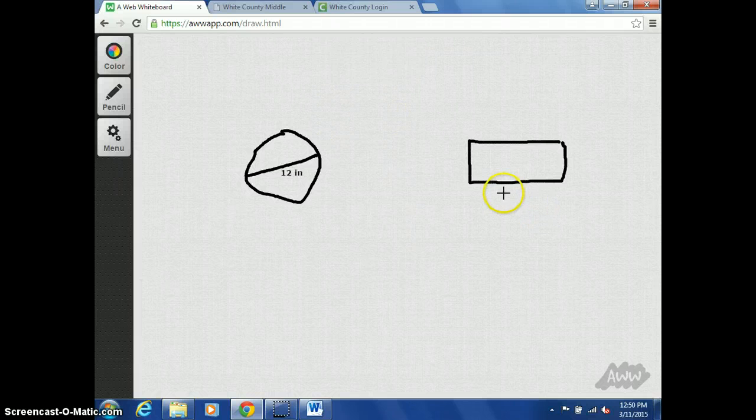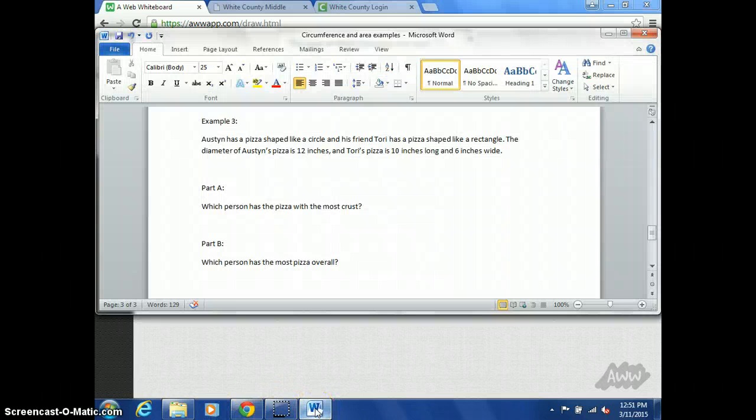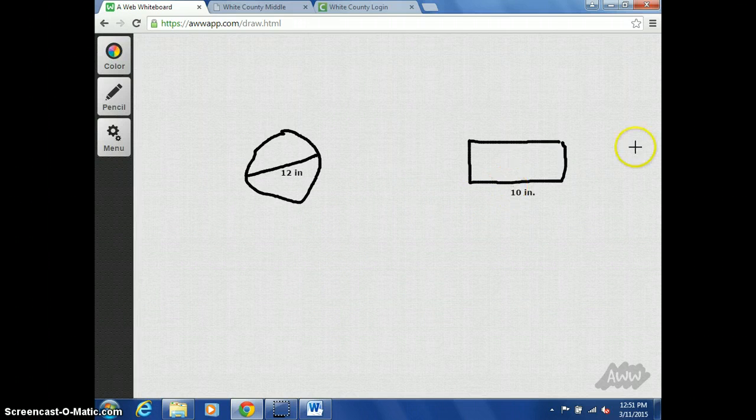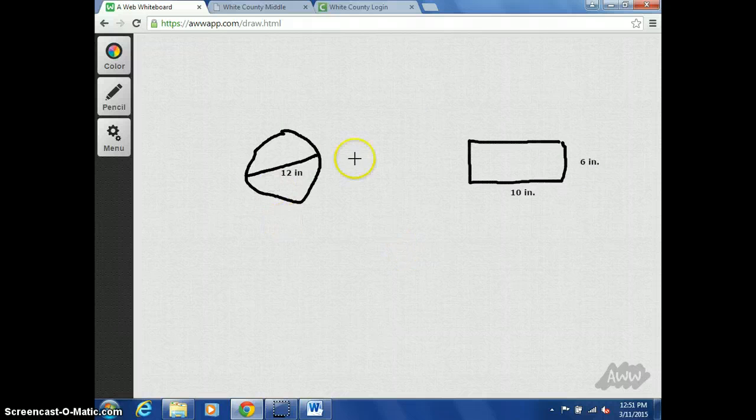And then they gave us another pizza. How big is this pizza? We can look back. 10 by 6, so 10 inches. Is that supposed to be a straight line in the circle? Yes, it's supposed to be straight. That's the diameter. Sorry, my pen's not working. All right, so those are our two pizzas.